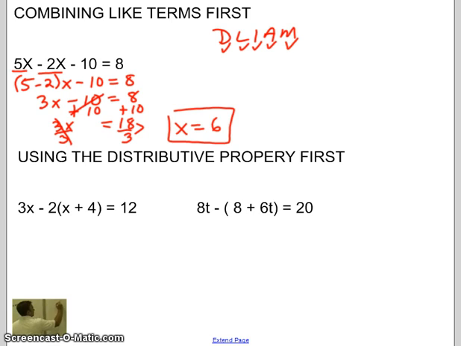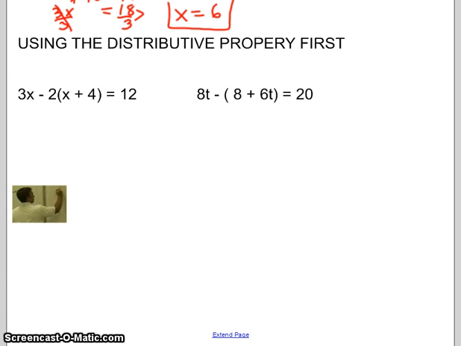Okay, sometimes you have to use the distributive property first. So, use our acronym here, DLEM. Distribute. Alright, we have this negative 2, so negative 2 times x is negative 2x. Negative 2 times 4 is negative 8. Alright, bring everything else down. Now we're going to do like terms. Do we have any like terms? Yep, we have like terms on this side.